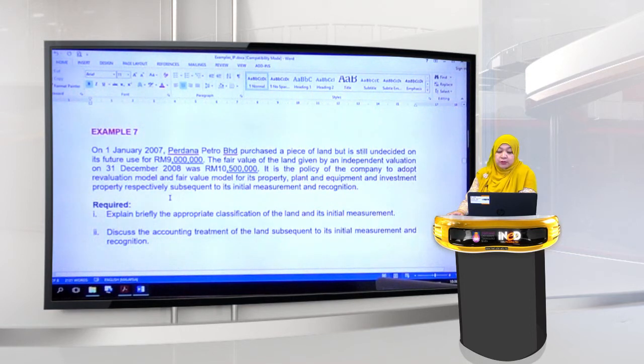It is the policy to adopt the revaluation model and fair value model for its property, plant and equipment and investment property respectively, subsequent to its measurement and recognition. Meaning that after the initial measurement, they have decided to value their PPE under the revaluation model and to revalue the investment property under the fair value model.